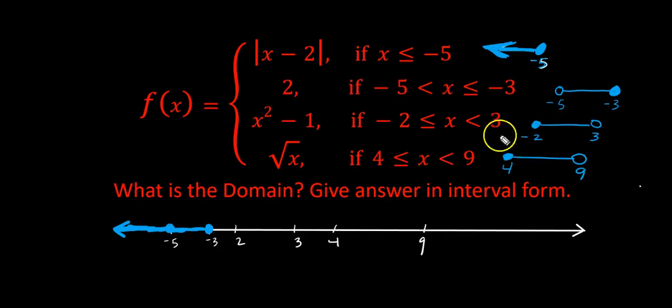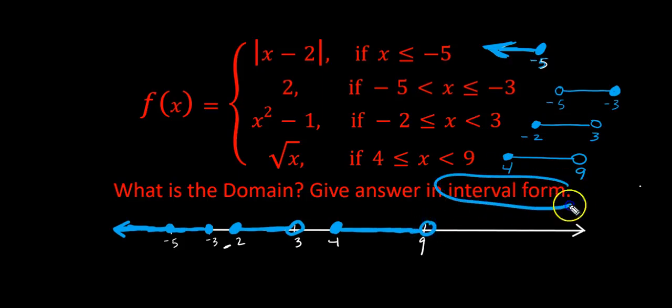Now I come to the next piece, this part of the number line. It's between -2 and 3. Sorry, that should be a negative symbol there. That's a -2. So the next piece I'm going to start at and include -2, and then I go up to but do not include 3. And then the last piece is between 4 and 9. I include 4, but I do not include 9.